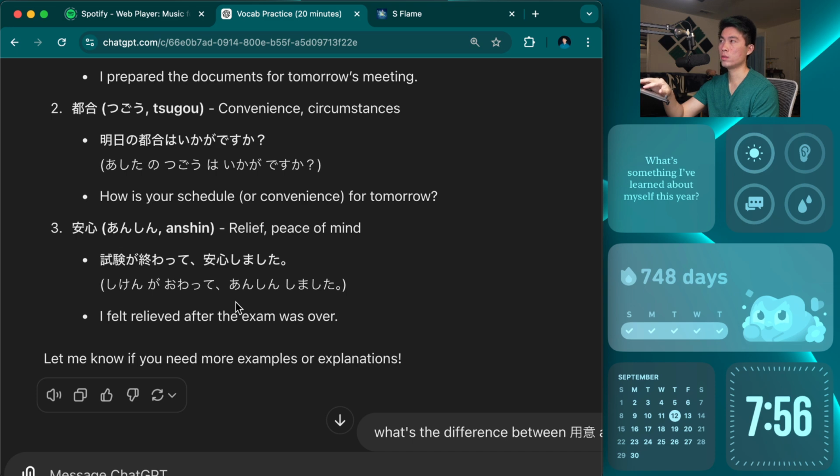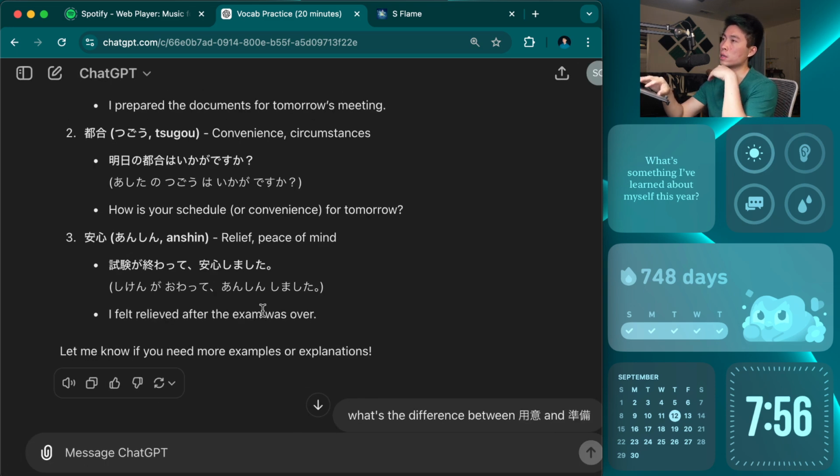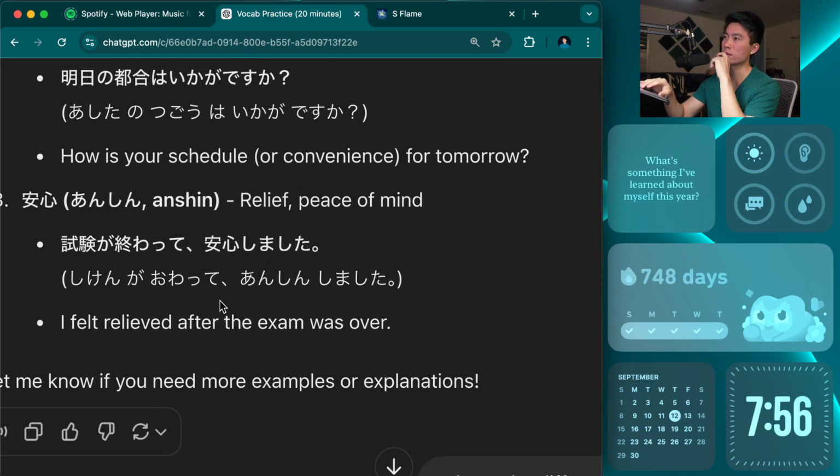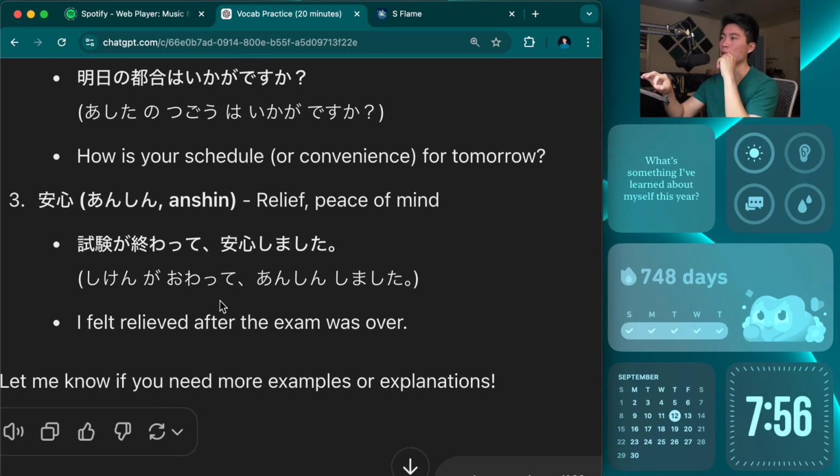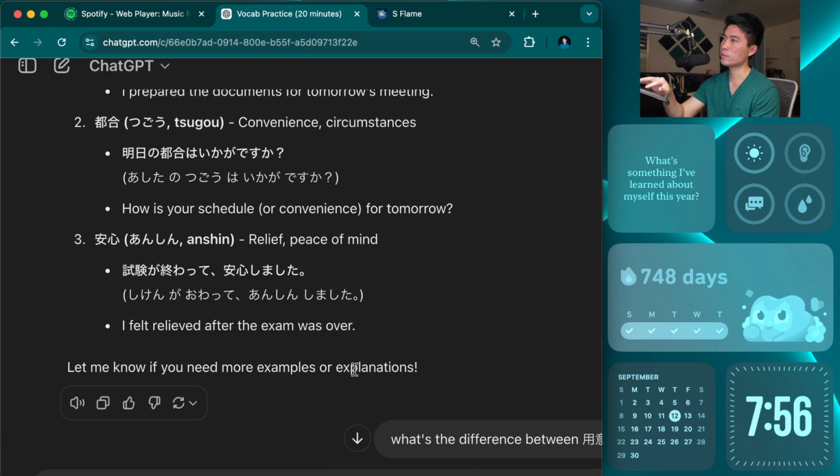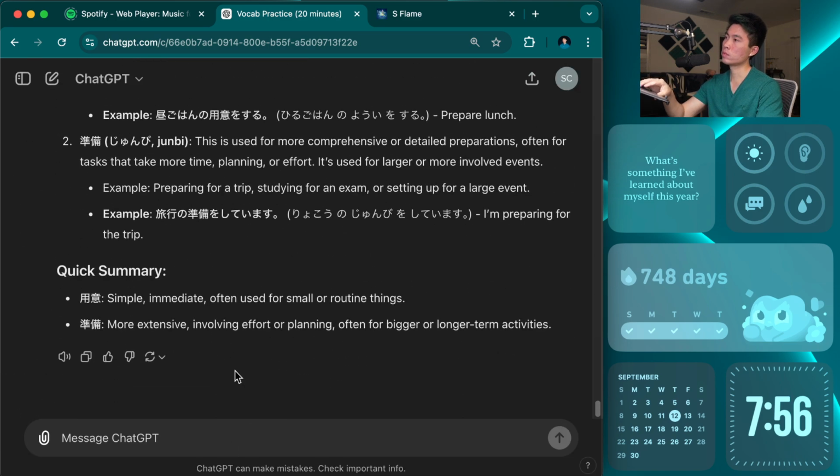I think I'm going to need more example sentences, but let's just do anshin first. Relief, peace of mind. 試験が終わって安心しました. Okay, I mean that's the one that I know.